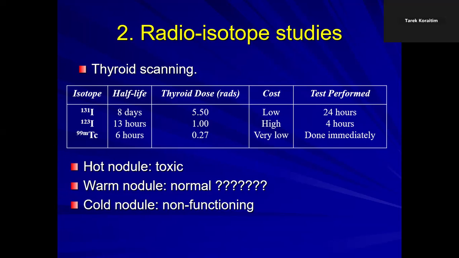Then we do radioactive iodine whole body scanning to image if the patient has any metastasis in his body or has been cured. And this will be explained in detail in the lecture on malignant thyroid diseases. So whole body scan for metastasis is the main and most important use of radioisotope studies for the time being.